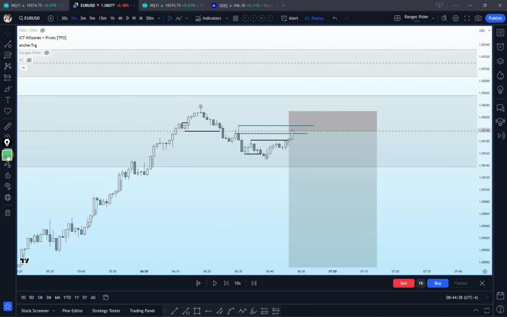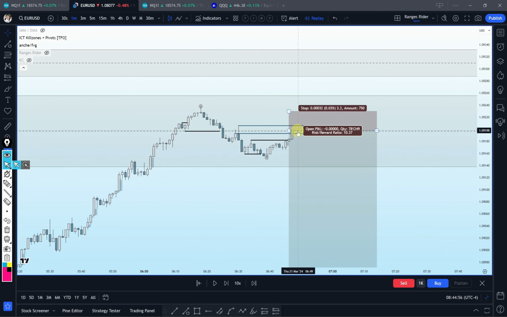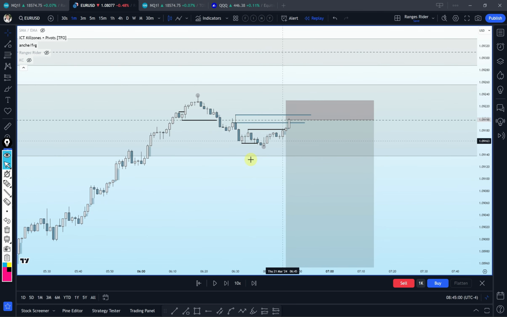So what will you go for? Do you want this one pip also, the price goes there and then you sell, or you say, okay, I will just let it go one pip, no problem. The market has already taken the liquidity, so let's enter here with the stop loss here. What makes more sense to you? To leave the opportunity, or you get it, or maybe you even get a much better price.